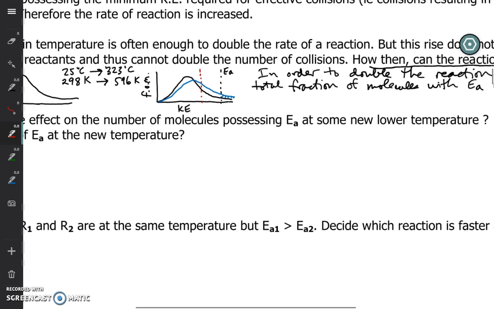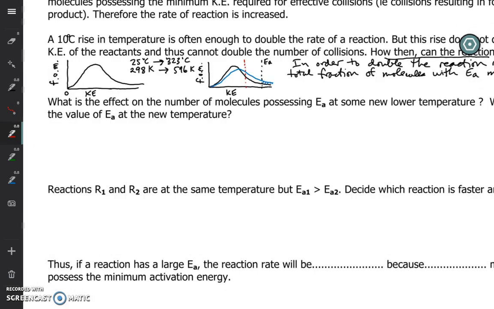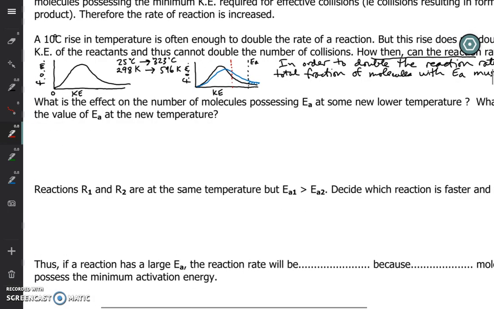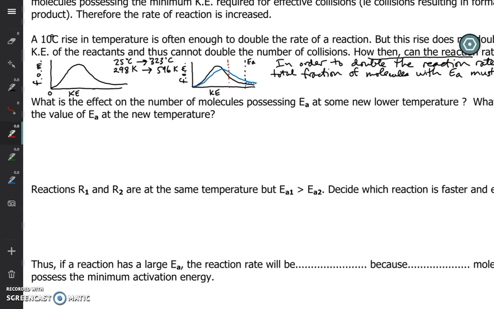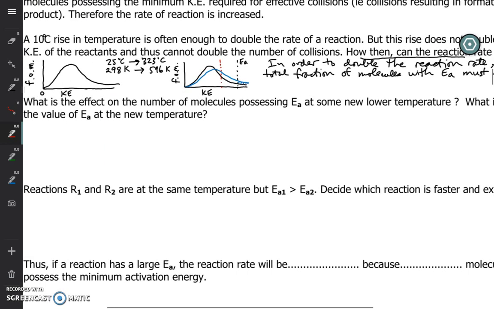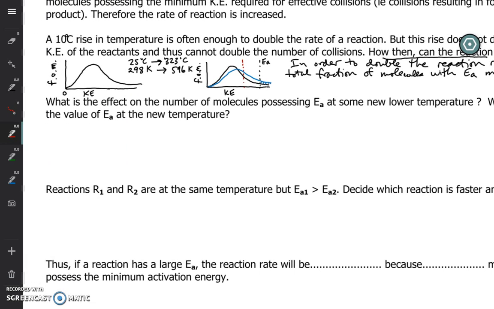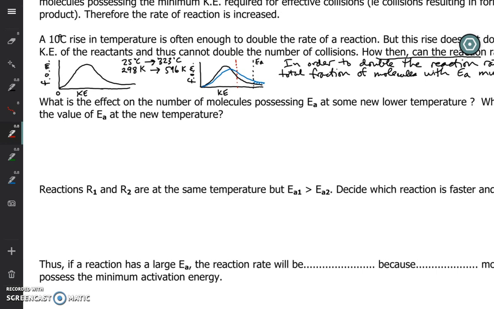All right, 2 more questions. What is the effect on the number of molecules possessing activation energy at some new lower temperature? What is the effect on the value of EA at that new temperature?